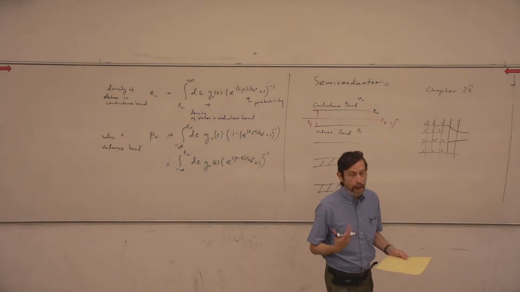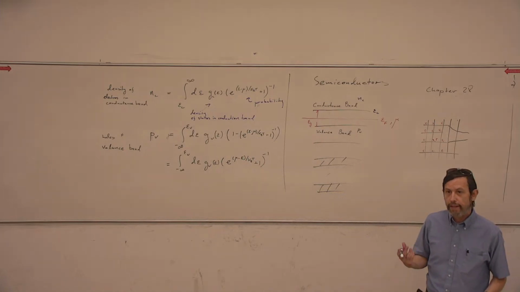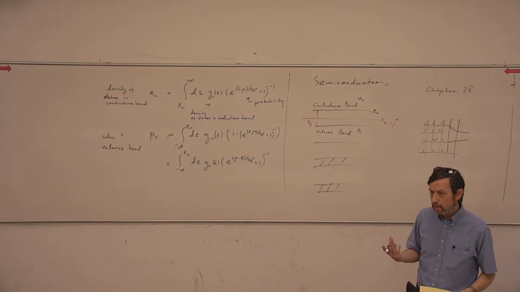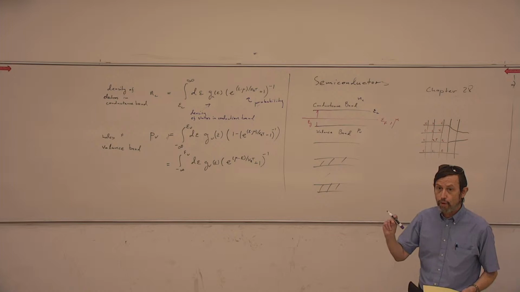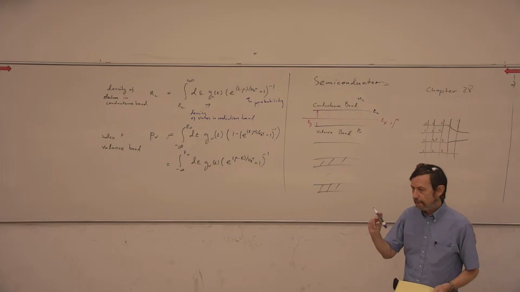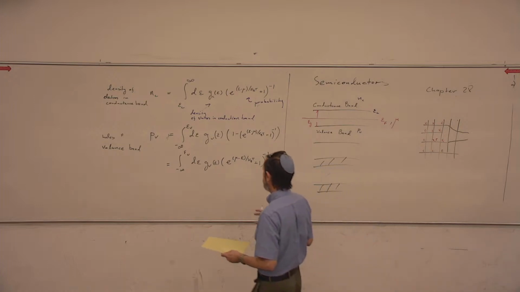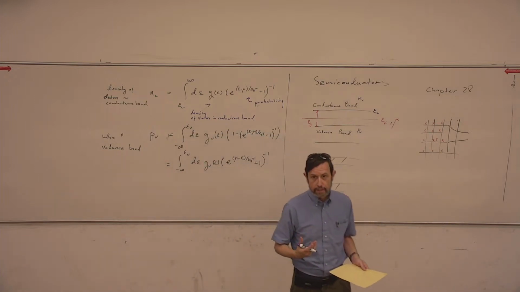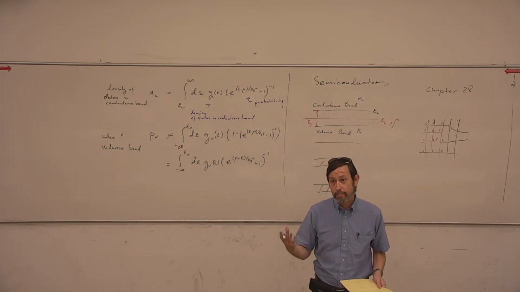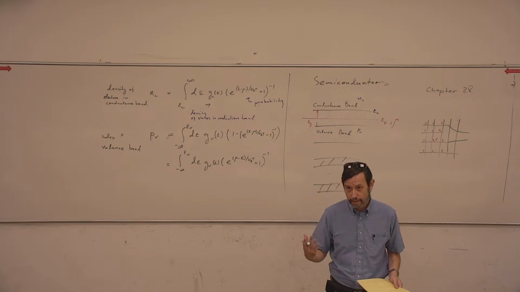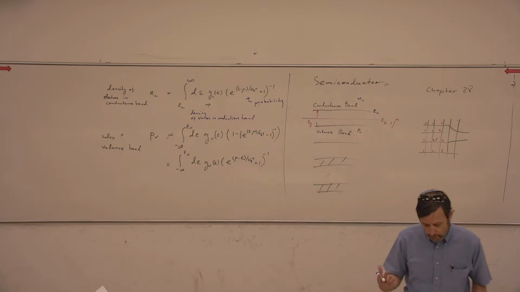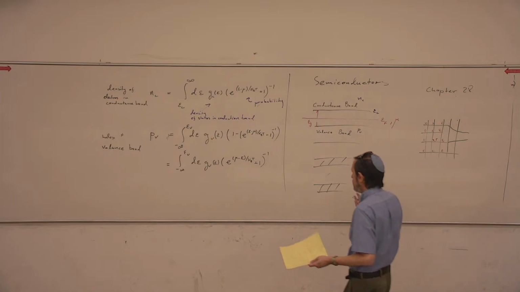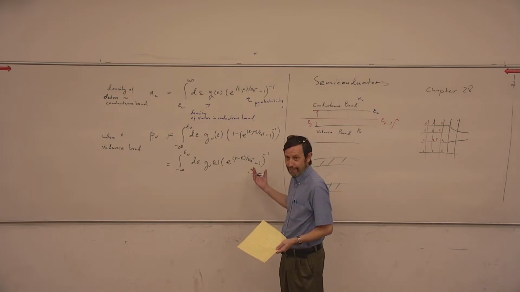Since any insulator which has such a small gap in between the valence and the conduction band, that it's much lower than kT for all practical considerations, is basically a conductor.